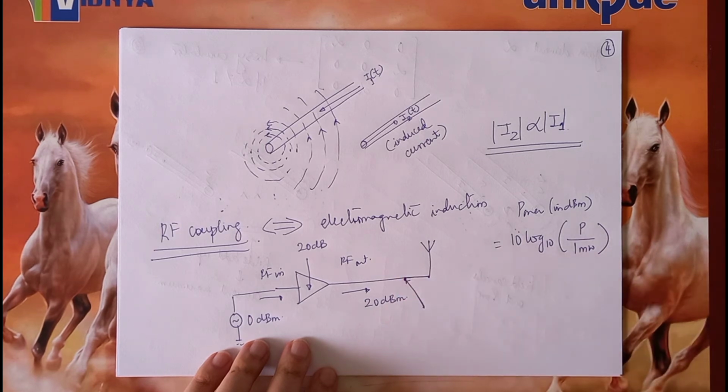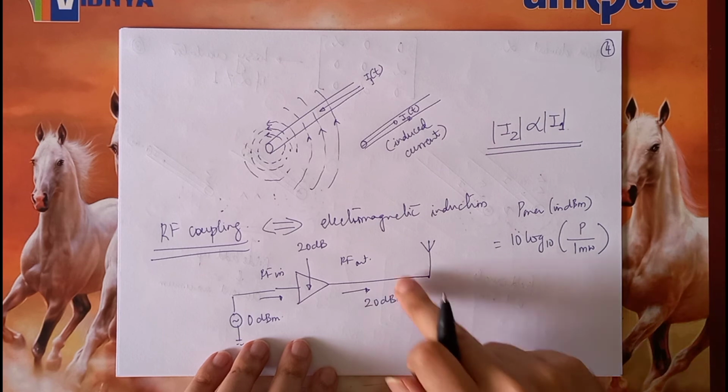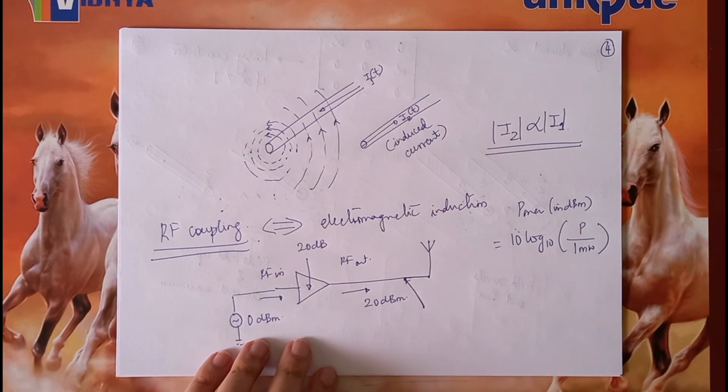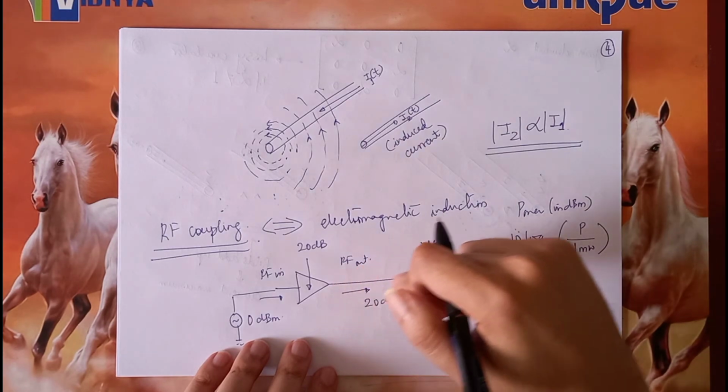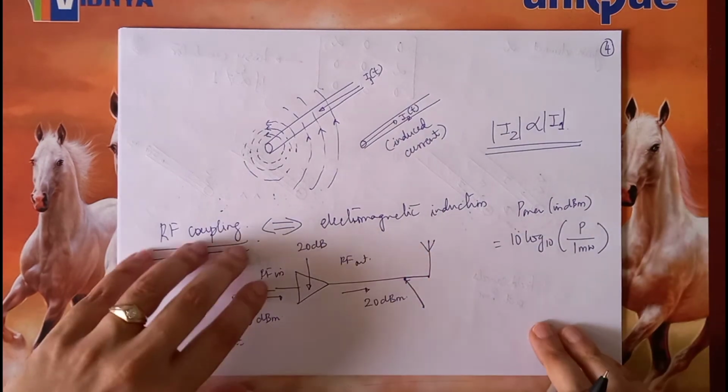Rather than physically connecting any instrument probe, what if I bring another conductor which is close physically to this line? So therefore, what I mean is this.